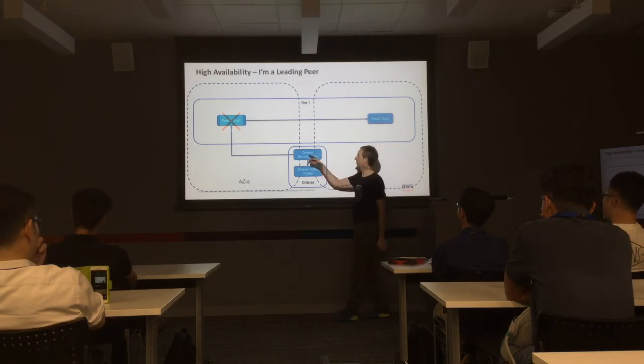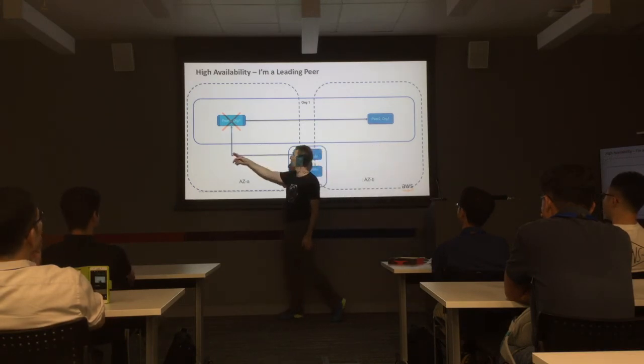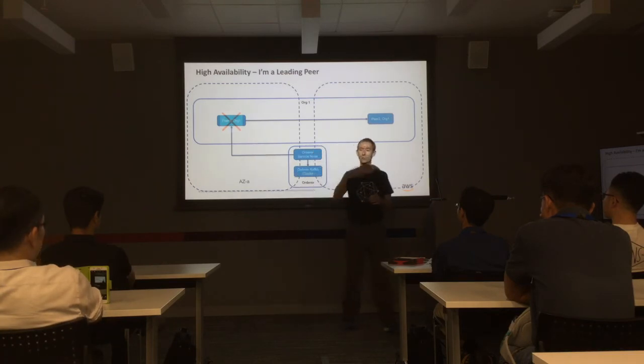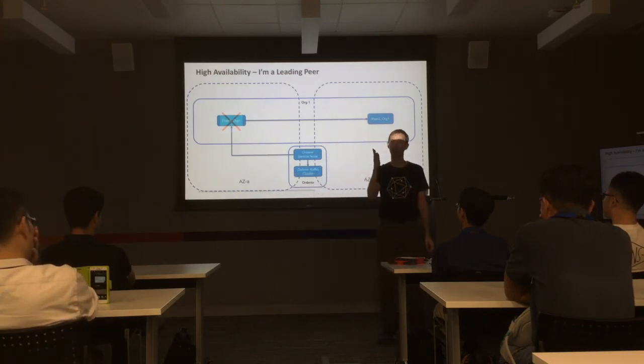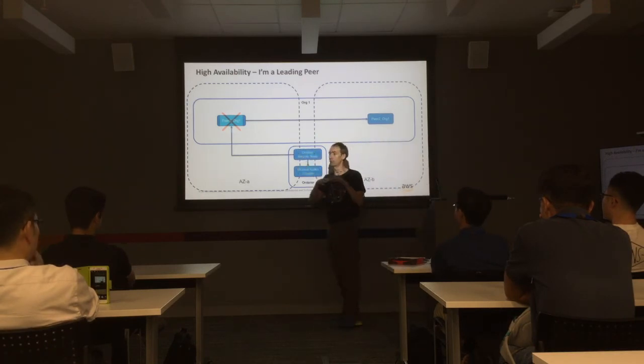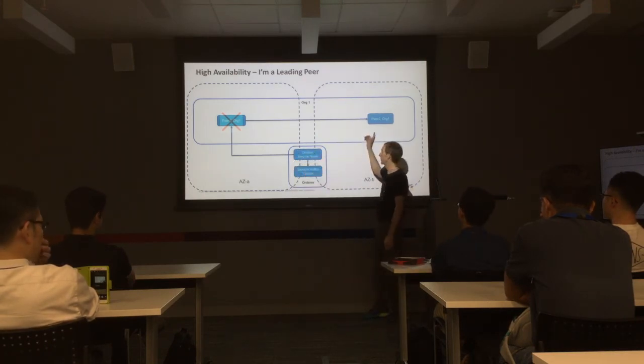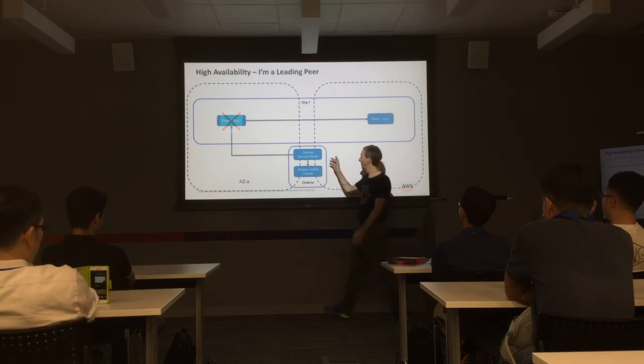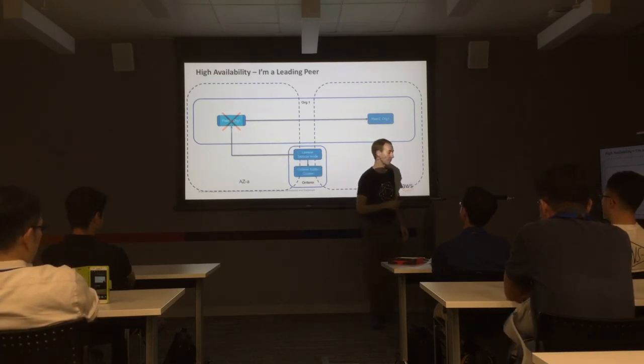What happens is the ordering service node only needs to send the blocks to the leading peer in each organization. So instead of having 2, 3, 4 connections, he only has 1. It goes only to the leading peer. And then the leading peer uses Gossip to send it to all the other peers in the same organization. So they almost get updated in a 2-phase type of approach. First they go there, and then that guy distributes them to everybody else.